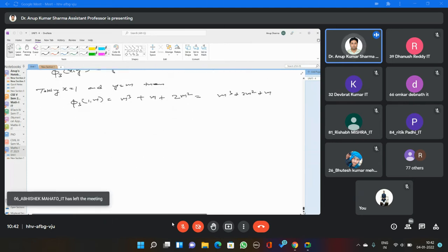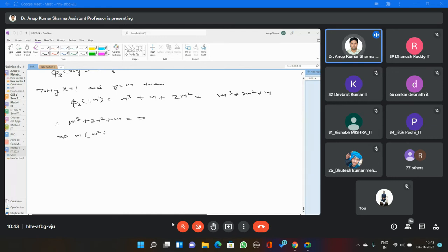So this auxiliary equation, m cube plus 2m square plus m, we equate to 0 to find the roots. m is common: m into m square plus 2m plus 1 is equal to 0.